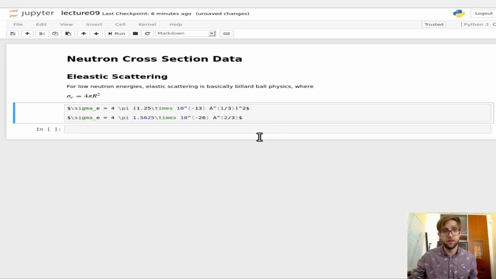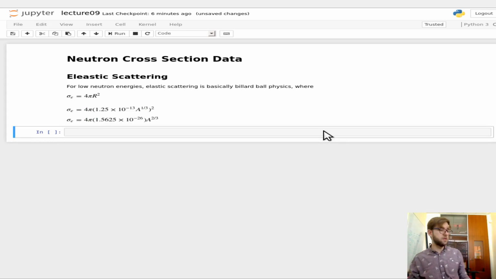I guess I should probably put parentheses around that. So that's a reasonable approximation for what the elastic scattering cross-section is.